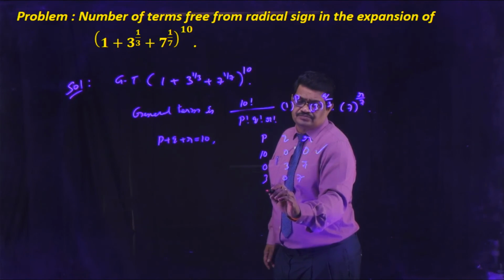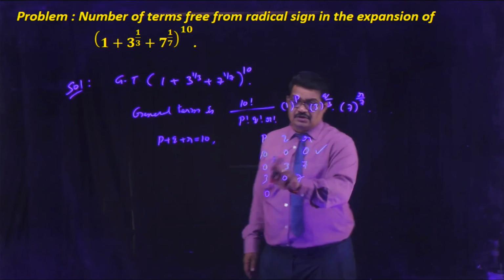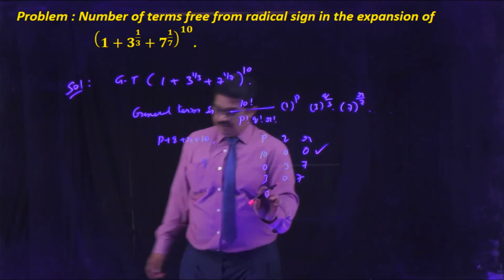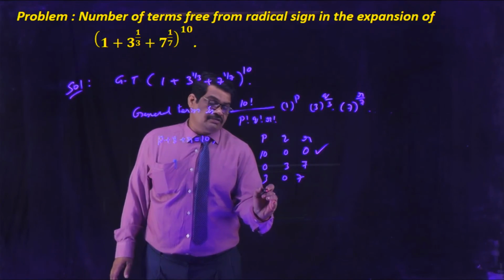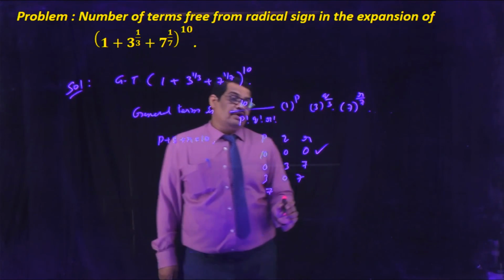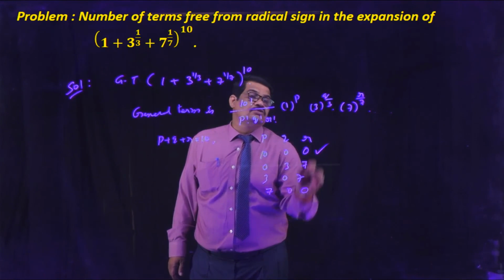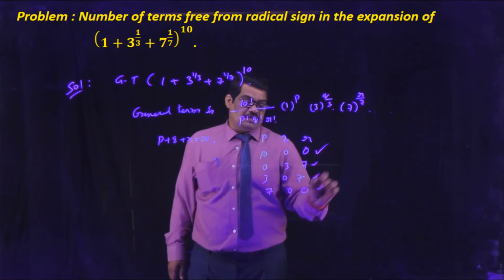So 0 plus 3 plus 7, that is 10. Here 3 by 3 is an integer, and here 7 by 7 is also an integer. Then we have taken this is 0, this is 7, this is 3. This value is 7, this value is 3, this value is 0. 3 by 3, and 0 by 7. So these are the three chances.